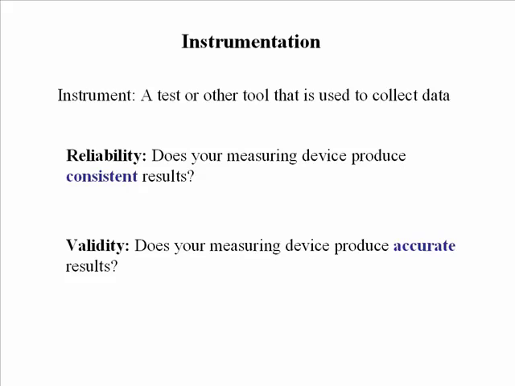And again, as was mentioned in an earlier lesson, if these two characteristics are not supported through your instrumentation, then you begin to raise concerns about the quality of the information, and consequently that will lead to questions regarding the quality of the findings and ultimately lead to a questioning of the decisions that get made based on those results.